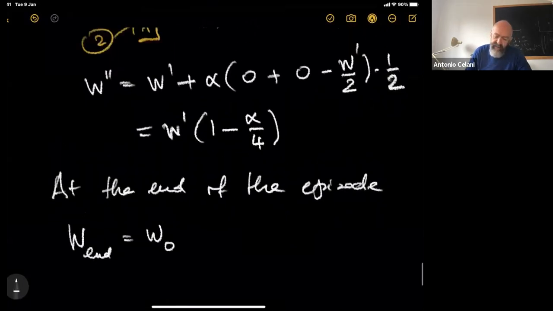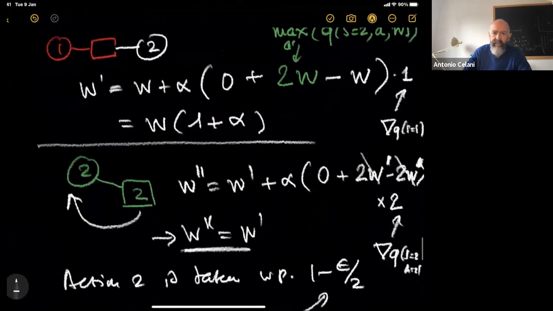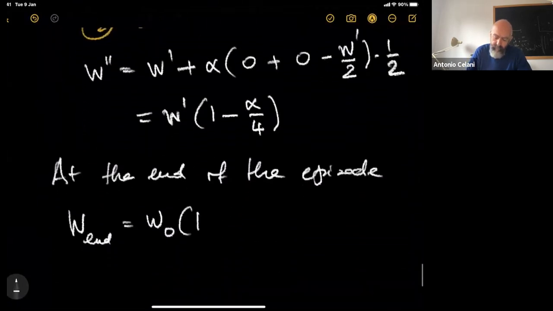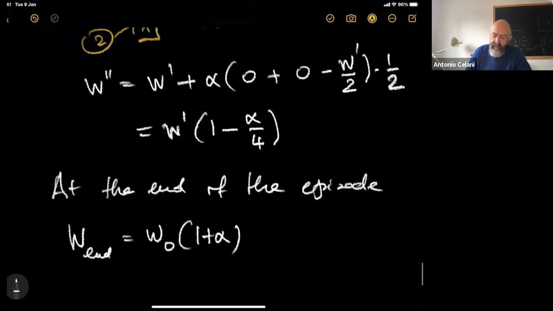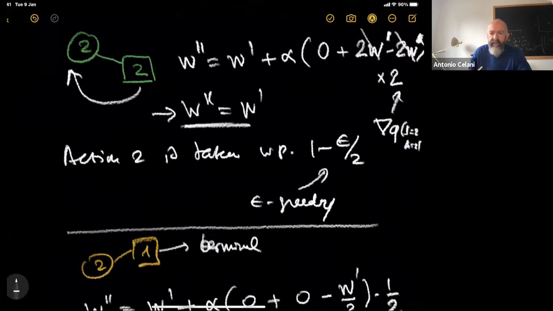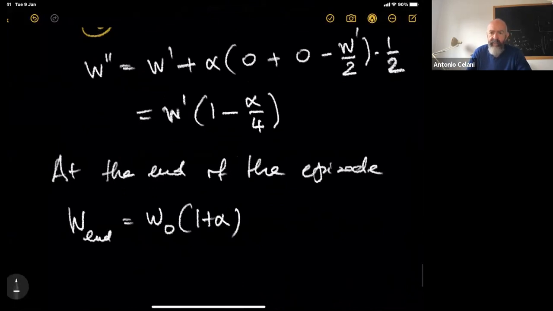In the first step, the green one, I multiply by a factor 1 plus alpha. Then every time I go through action 2, I cycle back, but nothing happens. The parameters don't change. And eventually, at the last step before the episode ends, I get a factor 1 minus alpha over 4.